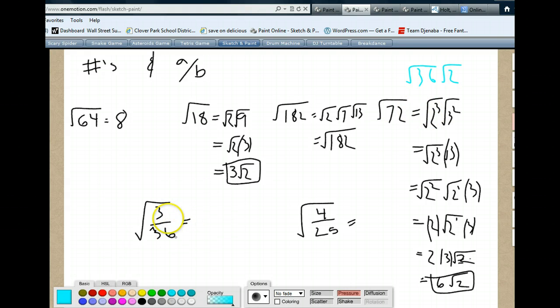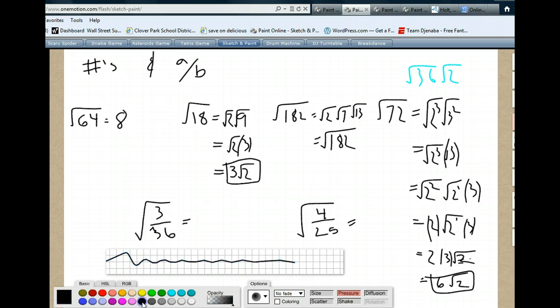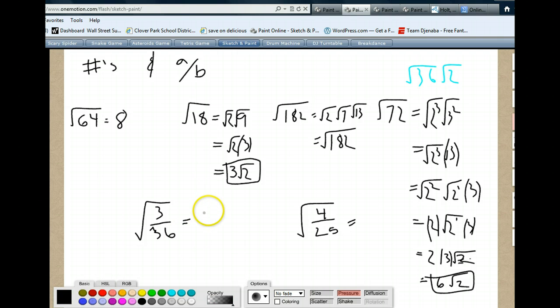right answer each time. So with this next one, fractions are going to be applied the same exact way. You just have to do 2 problems in one. So if I have 3 over 36, the first thing I want to do is reduce my fraction.